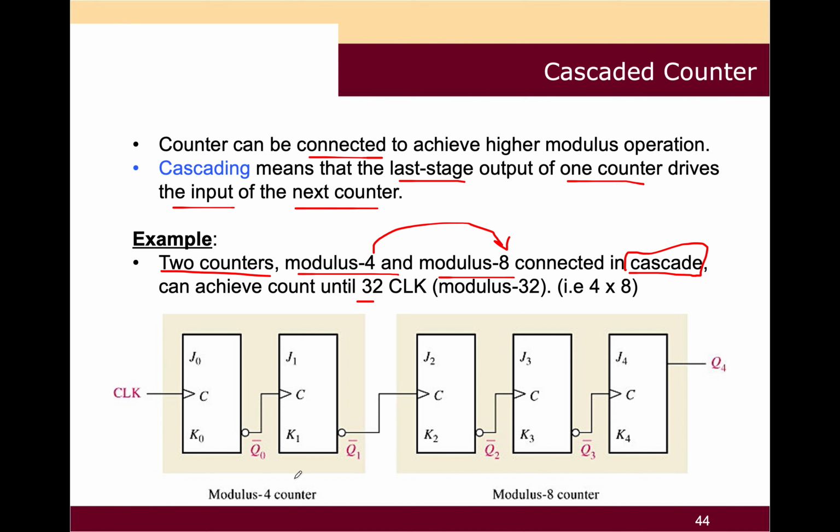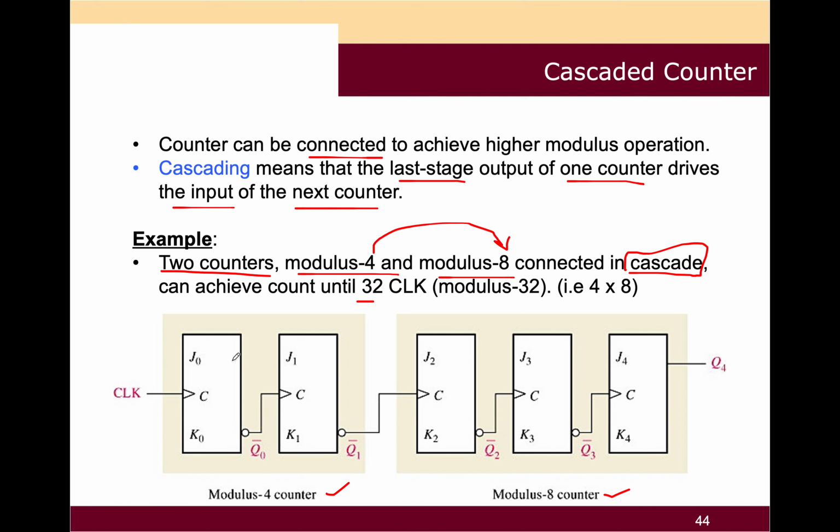So from here you can see you have a modulus 4 counter and also a modulus 8 counter. How do you see it? 2 to the power of 2 you get 4, 2 to the power of 3 you get 8.